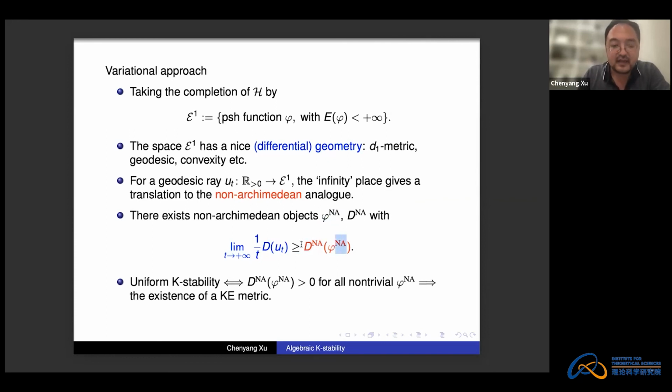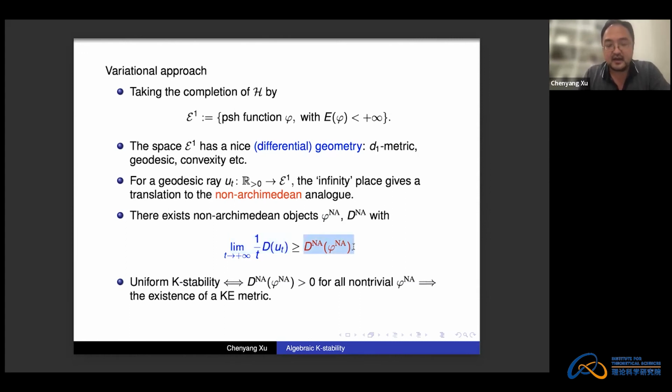So the right-hand side, whatever it is, looks very much like the Archimedean case formally, but I just add NA, which means non-Archimedean, everywhere. Once you have this, our goal is to find some condition to guarantee the slope at infinity is always positive. Of course, you can just assume that this is positive.